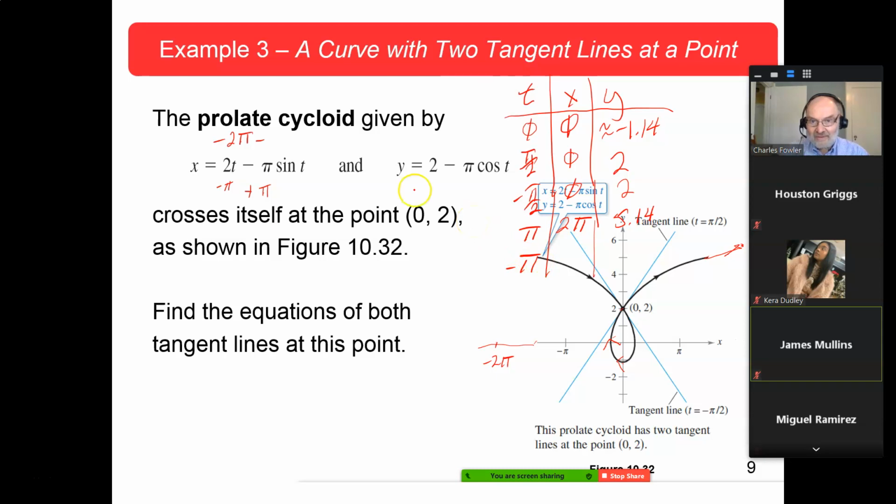And let's plug in here. Y would be 2 minus cosine of a negative pi. Okay. Cosine starts at 1, so that's be a minus 1. Minus a minus is plus, so that's 2 plus pi, and there we are again at 5.14. So this will be minus 2 pi here and at a 5.14 approximately here.